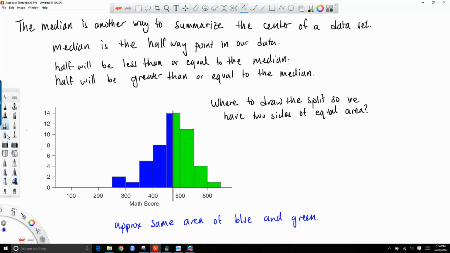If the data is symmetric, then the median and the mean will be the same. For symmetric data, the mean and the median will be almost equal to each other. The balance point will often be the halfway point.